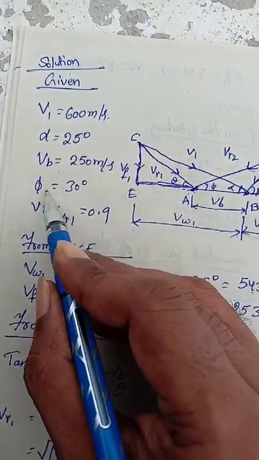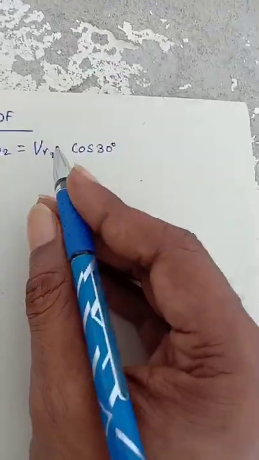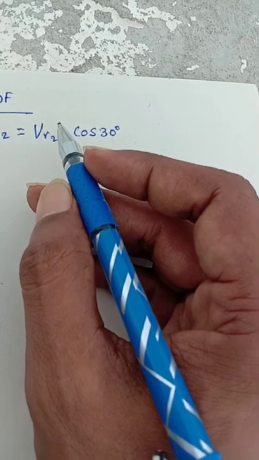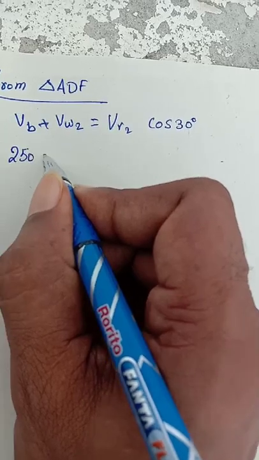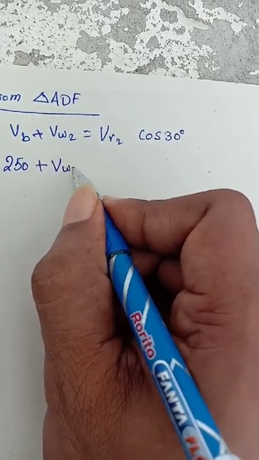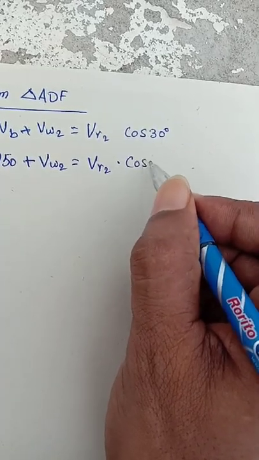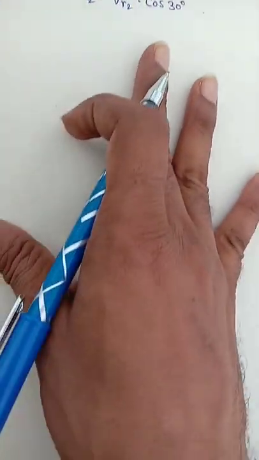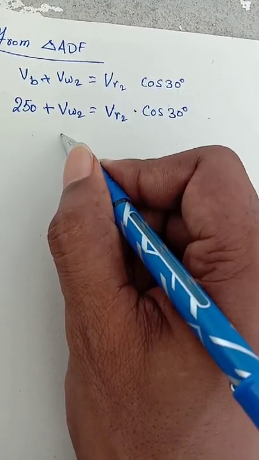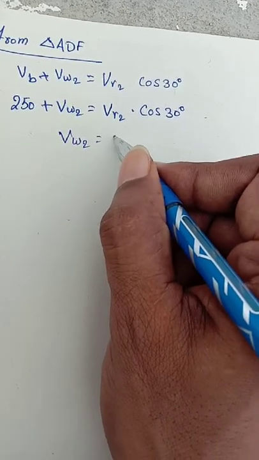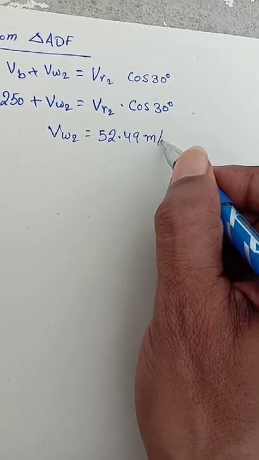The phi value is given as 30 degrees. Now substitute here the VB value 250. VW2 we don't know. VR2 into cos 30 degrees. We already know VR2, so you can substitute it and find VW2, which is equal to 52.49 meters per second.